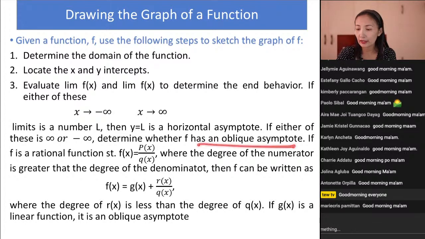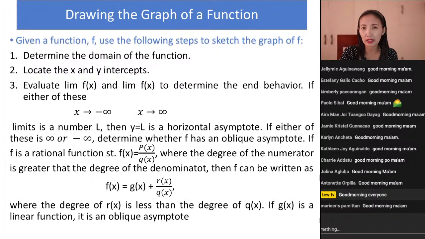If f is a rational function such that f of x is equal to p of x over q of x. By the way, when we speak of a rational function, remember rational numbers. A rational number is defined as the quotient of two integers, or it takes the form a over b or p over q.